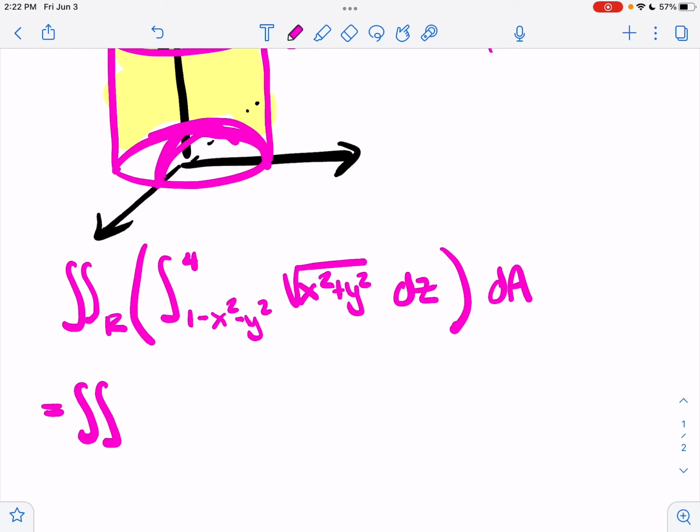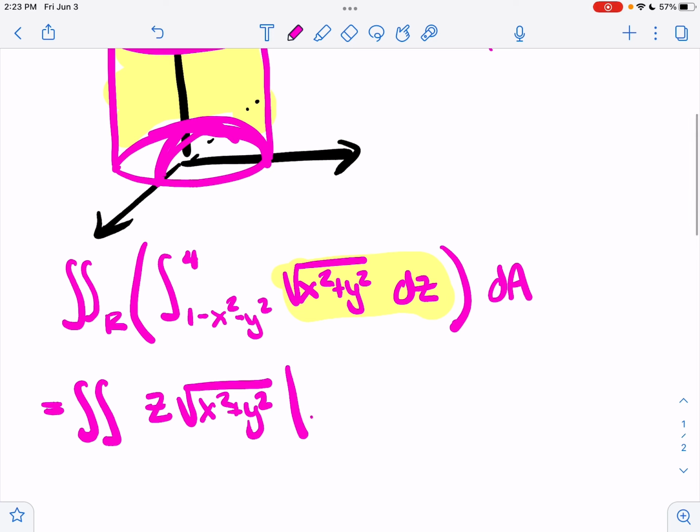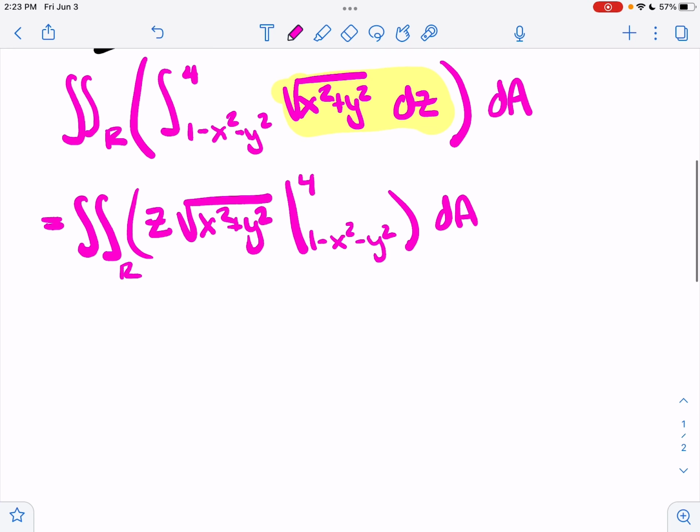So we can do this integral in z, and we get z times the square root of x squared plus y squared, because as far as this integral is concerned, x and y are constants. We're integrating in z, so it's just the integral of a constant, which gives us z from 1 minus x squared minus y squared to 4, and then we have dA, over some region R that we'll figure out later after we deal with z.